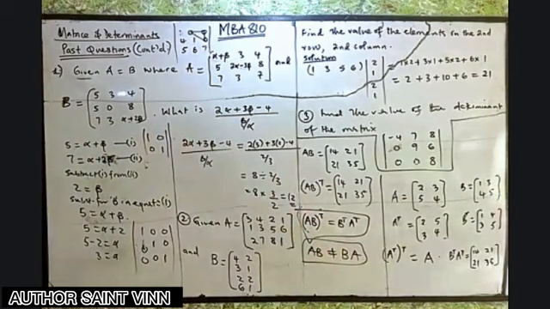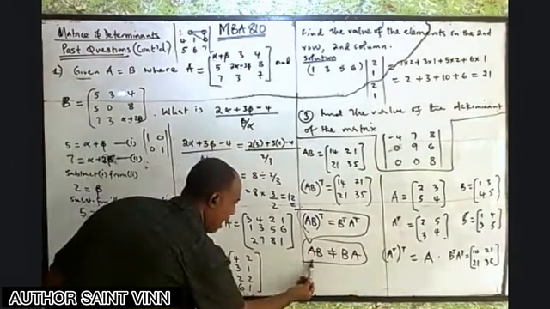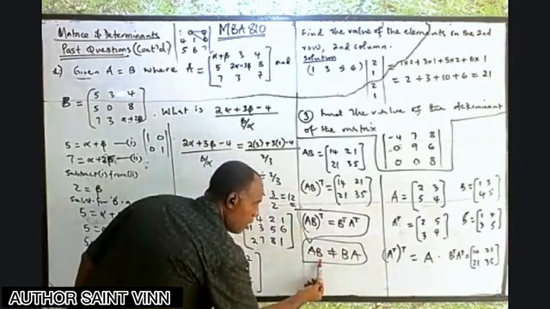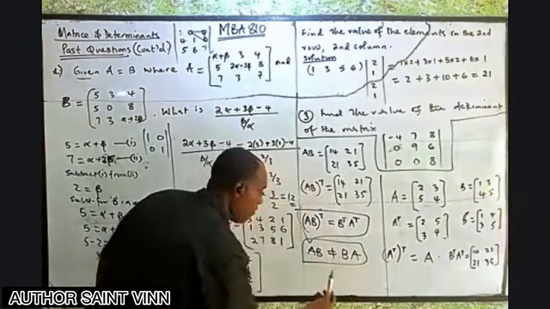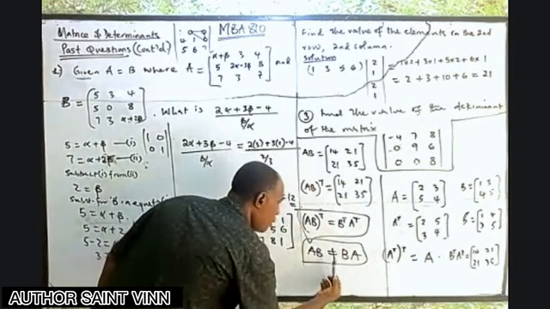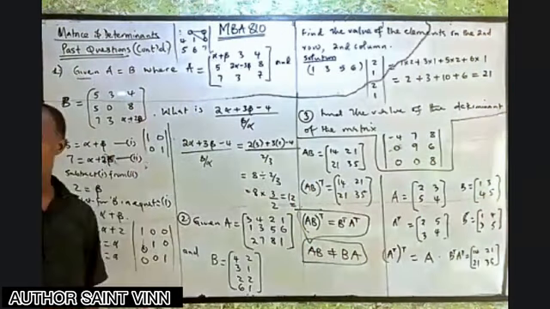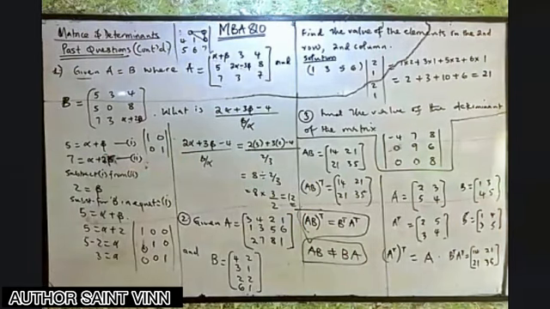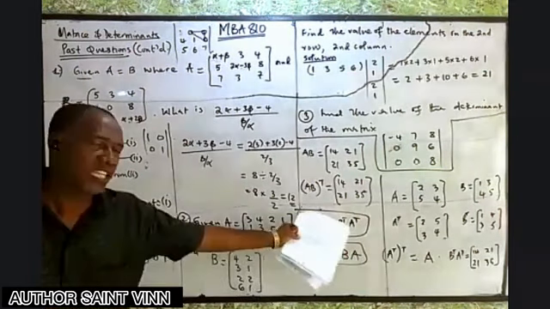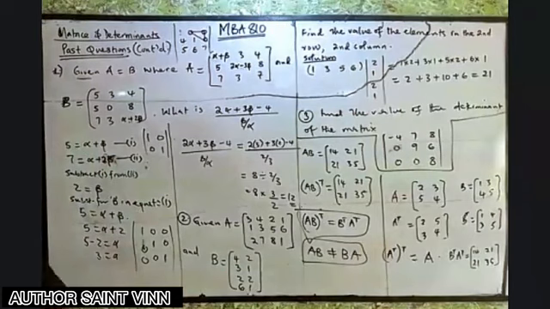As far as multiplication of matrices is concerned, AB is not equal to BA. So if I have done this one to A, it won't work. So that's why you need to understand that the arrangement of which one came first before multiplication matters. That's what we have just explained on the board.